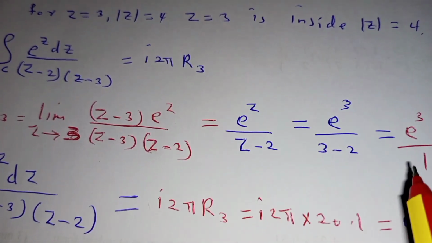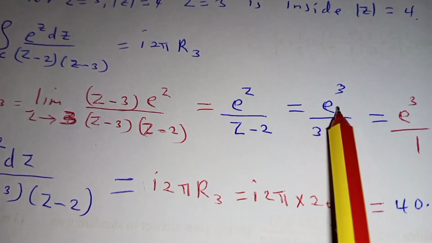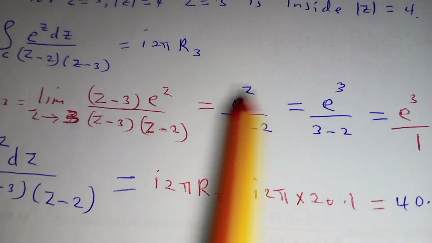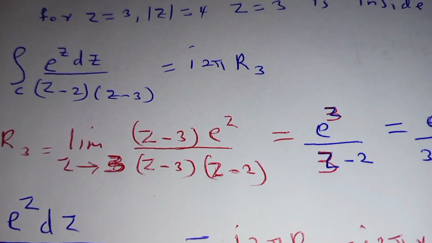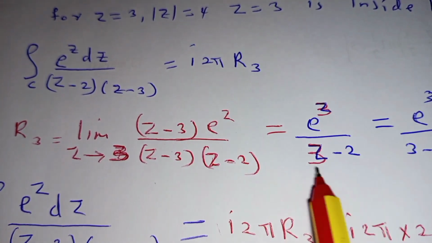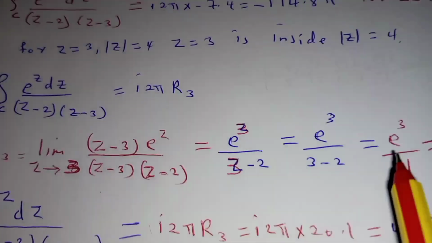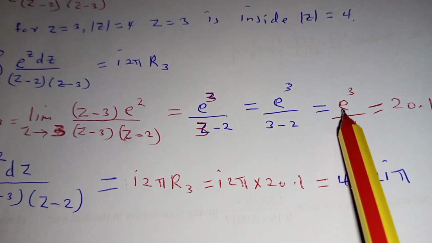Then when you evaluate, you substitute z with 3 for the limit to obtain this result here.